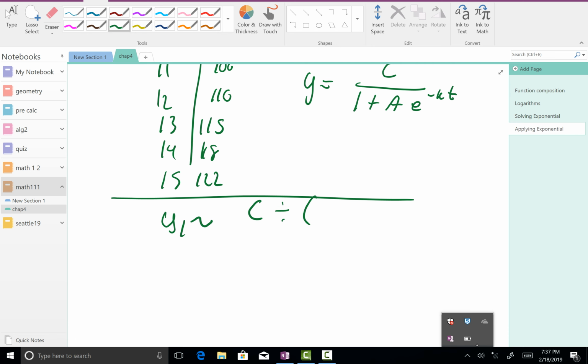So then you're going to go 1 plus A E negative K, X1 or X2, and then it will give you the equation, okay? That's how you do it, and I kind of recorded it a little bit here too, although you're not going to see the Desmos part of it, all right?